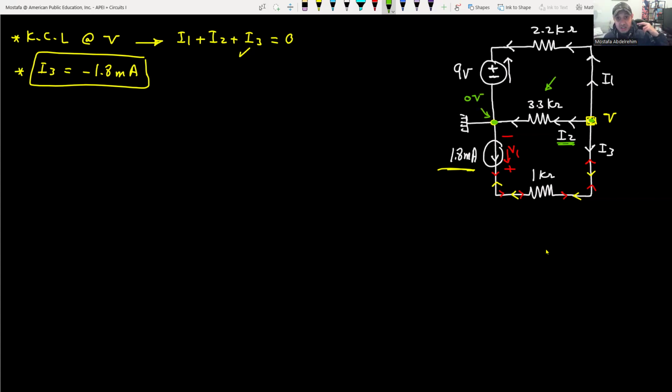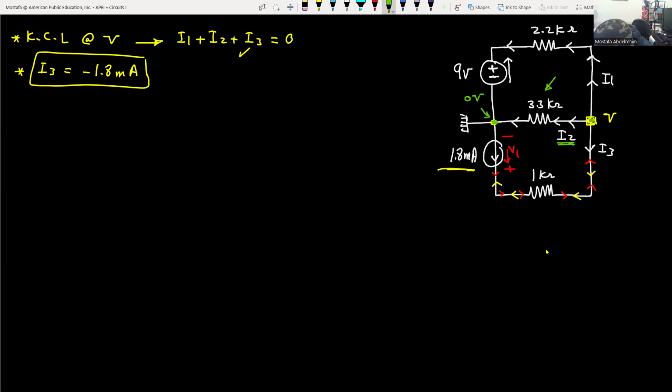Okay, and we said last time, even if the circuit doesn't have a ground, you can put a ground. You can choose any node, any terminal, any point, any short circuit, and this is zero. Okay, because we always care about the voltage difference across the resistance, not the point voltage. Good.